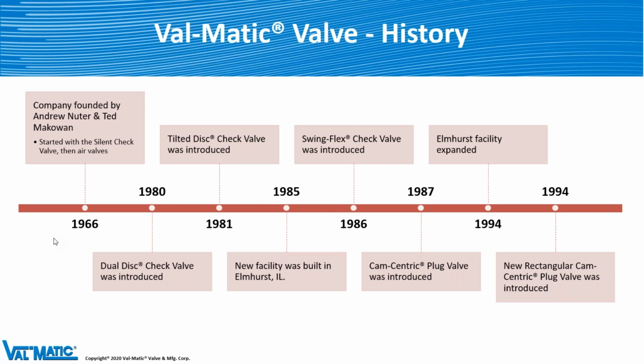We built a brand new facility in Elmhurst, which is where our headquarters and main manufacturing are right now. Then we came out with our swing flex check valve and the cam-centric plug valve. We had to expand the facility in Elmhurst because we were growing so much. Then the rectangular cam-centric plug valve came out.